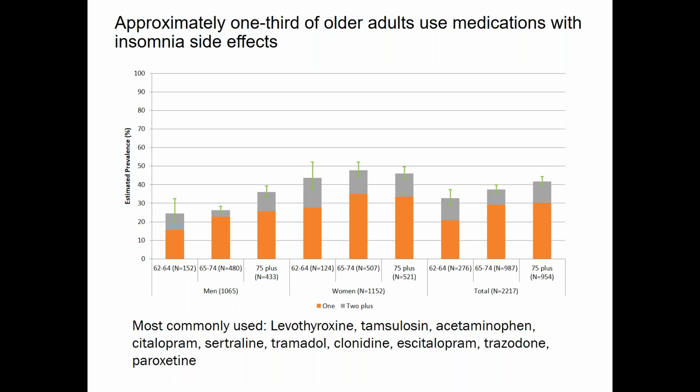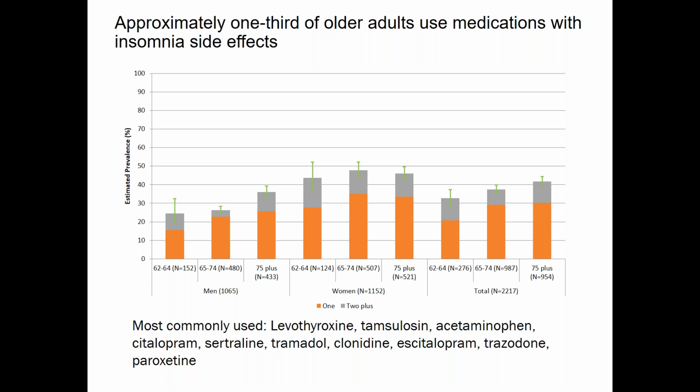So, what is the prevalence of use of medications that have insomnia side effects? We see that it's about a third overall, and it increases with age in both men and women, with the exception of women in the oldest age group.